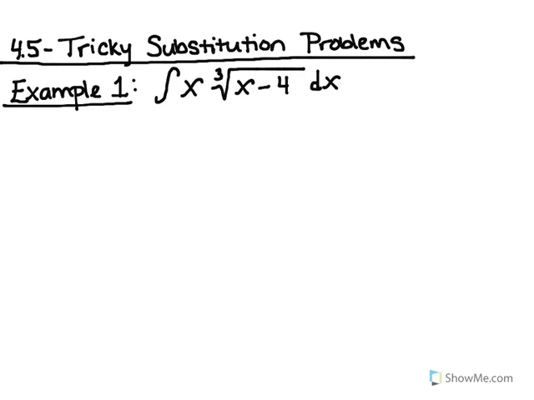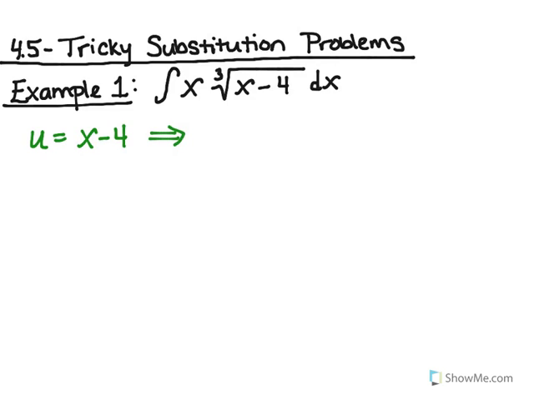Let's find the antiderivative of x times the cube root of x minus 4. What we figured out last time was, generally speaking, your u is going to be whatever is inside of another function. So here, I'm going to let u be equal to what's inside of the radical, x minus 4.